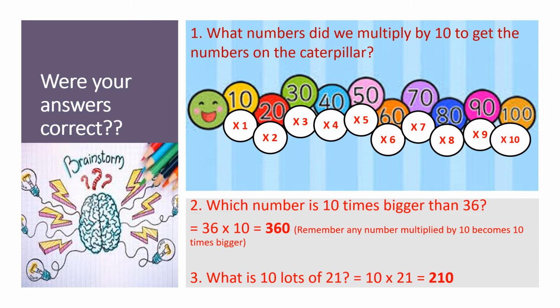So let me ask you this question. The multiples of 10, do they always end with a 0? Yes or no? Okay, great job if you said yes. Yes, multiples of 10 always end with a 0 because we keep counting in tens.